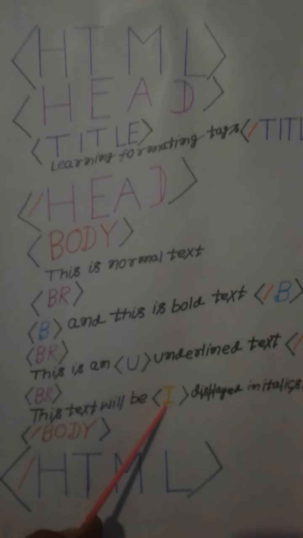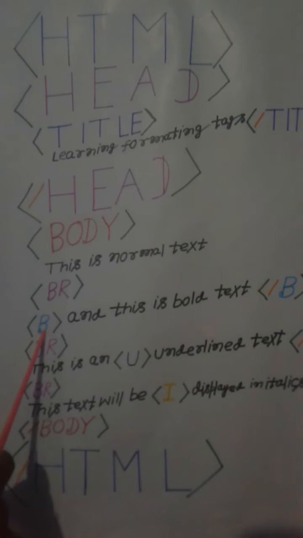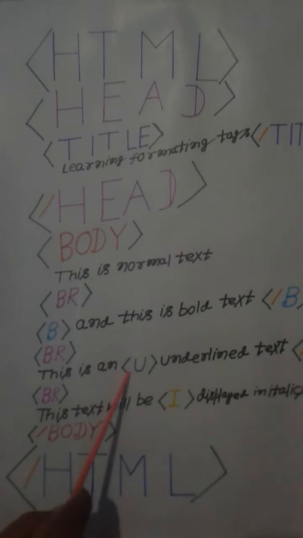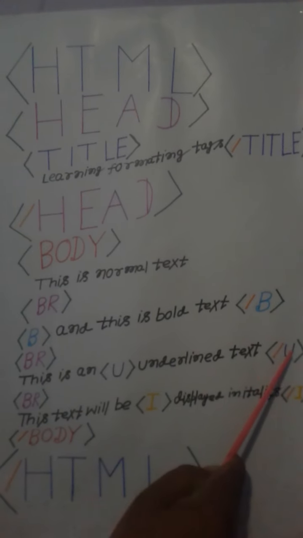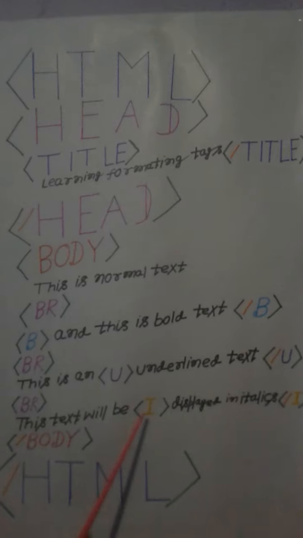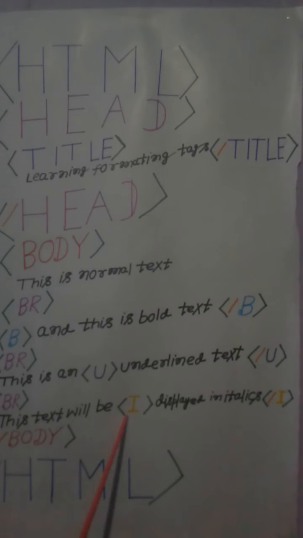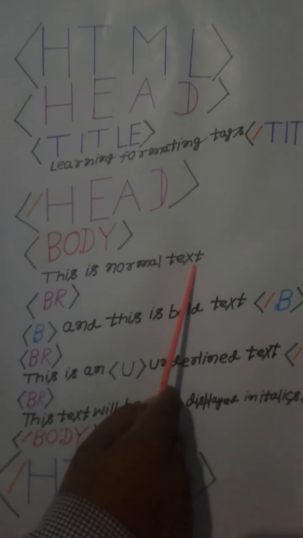Within body tag we use three tags: B tag, U tag and I tag. B is used to bold the text, U is used to underline the text, and I is used to italicize the text. So here I write this is normal text.